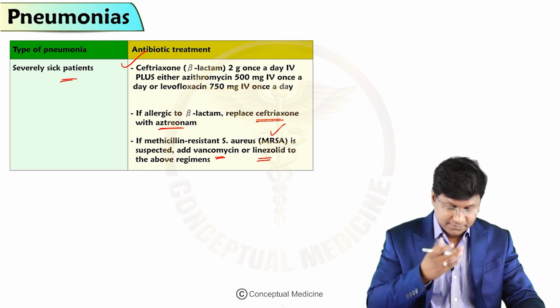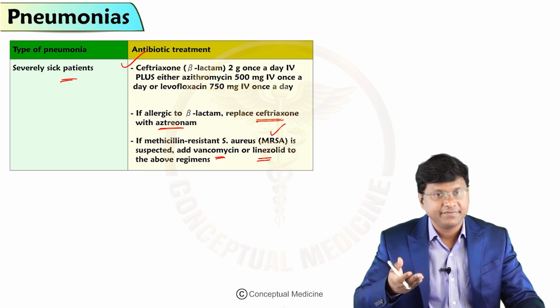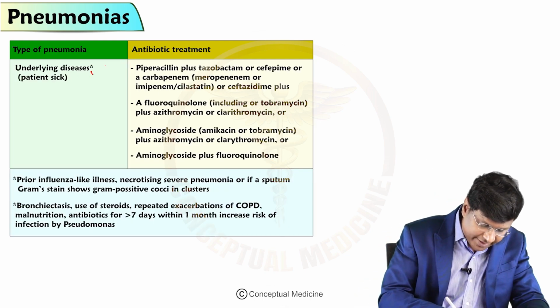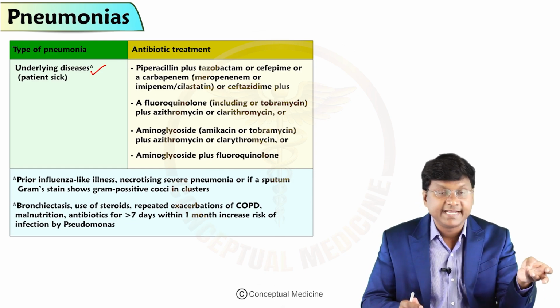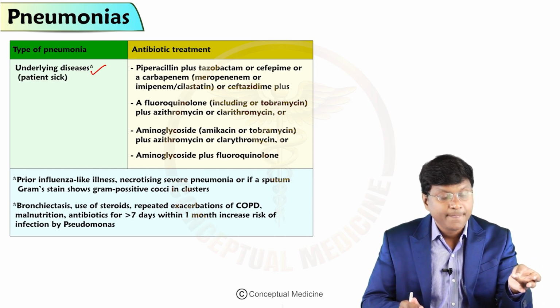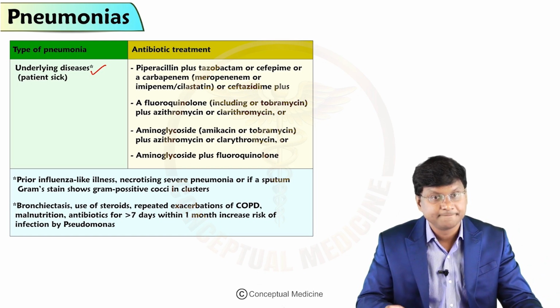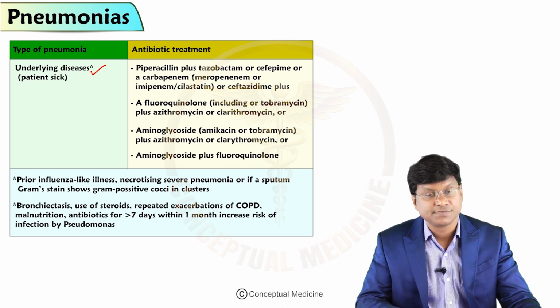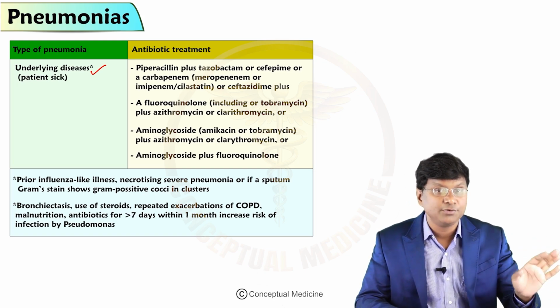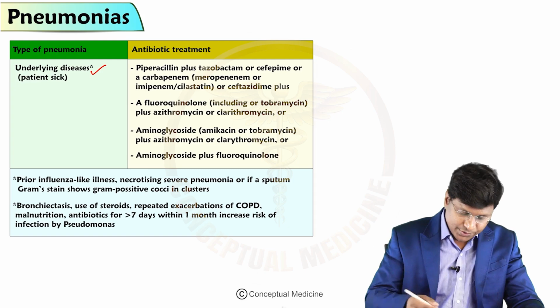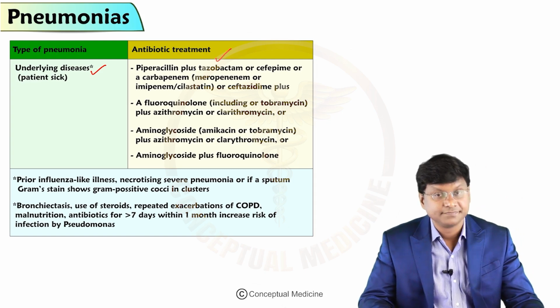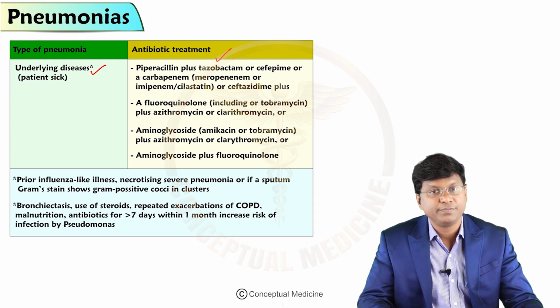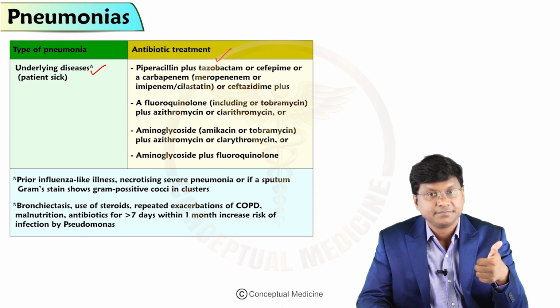Suppose the individual is having some underlying comorbidities also, either diabetes or COPD, or congestive heart failure, or there is a past history of influenza-like illness, or there is necrotizing pneumonia, then in such a case you need to give piperacillin tazobactam, or carbapenems should be given, like meropenem or imipenem.